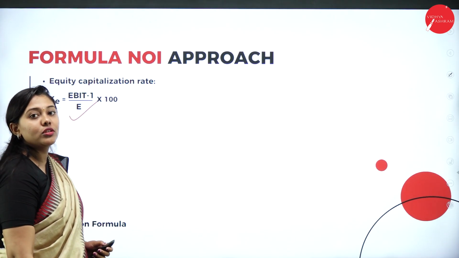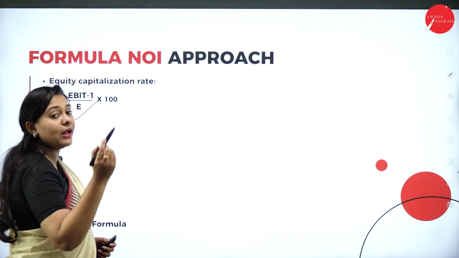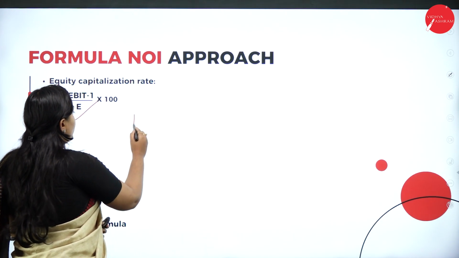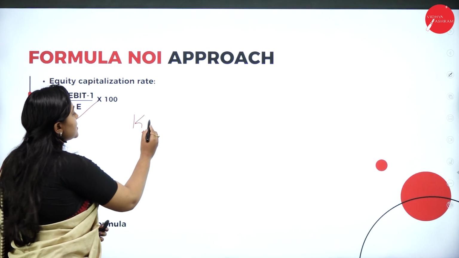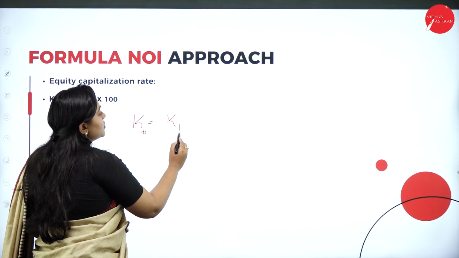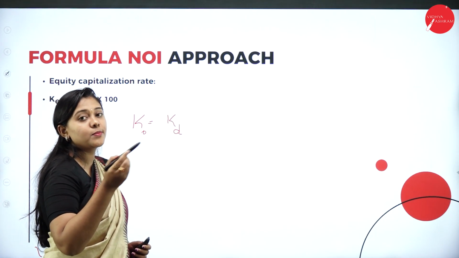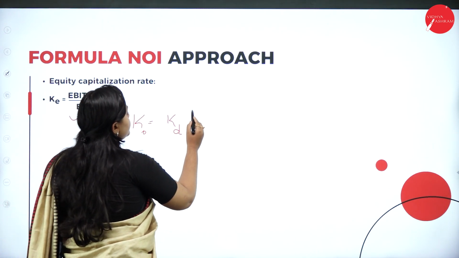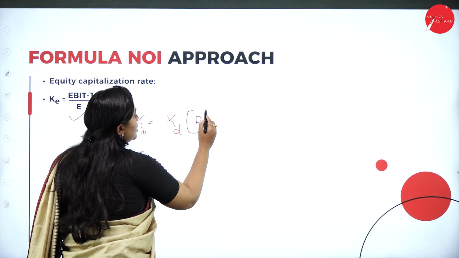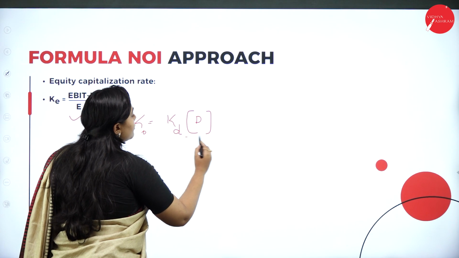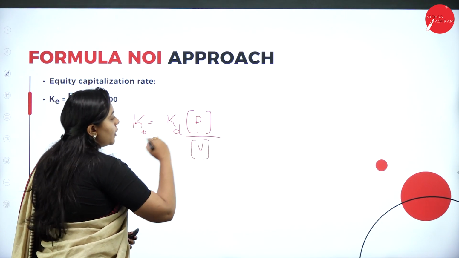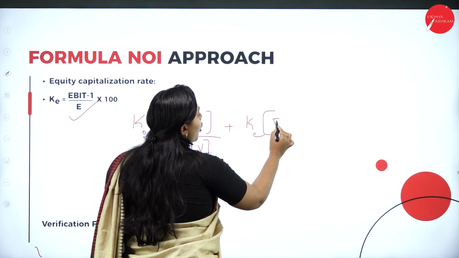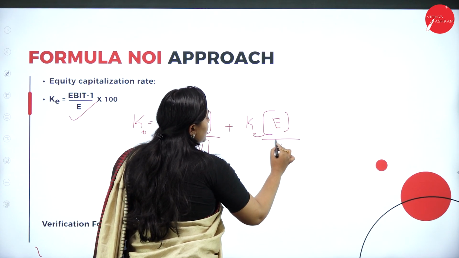So we have a verification formula. So what is that verification formula? I'll be writing it. Kindly note down the verification formula. So KO, that is your overall cost of capital, is equal to cost of debt, that is the debt percentage given in the question, into market value of debt divided by value of the firm, plus cost of equity into market value of equity divided by value of firm.